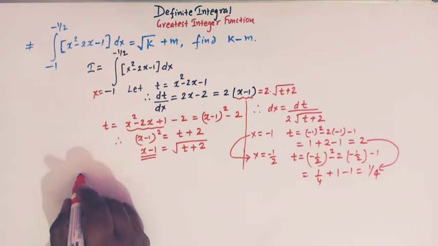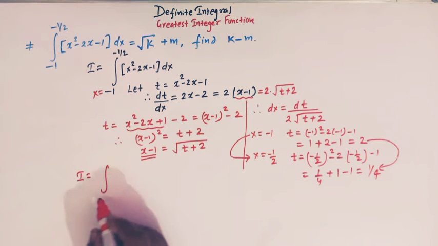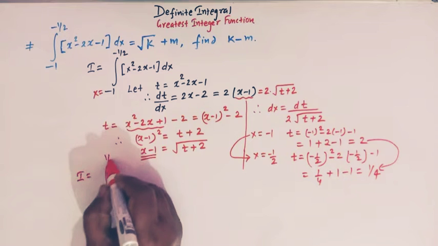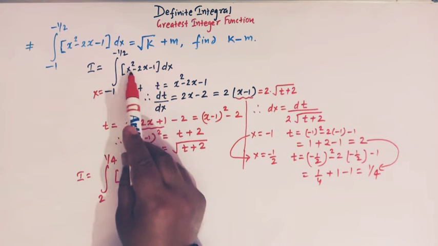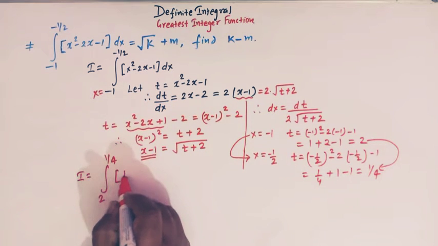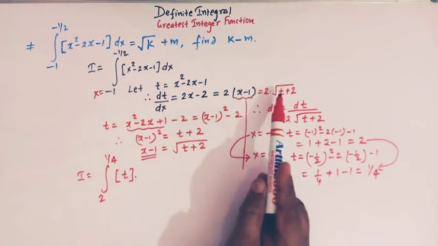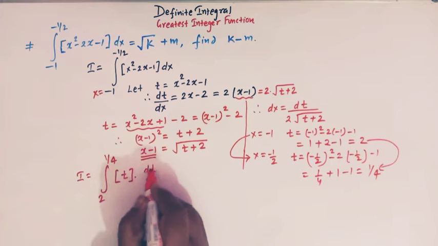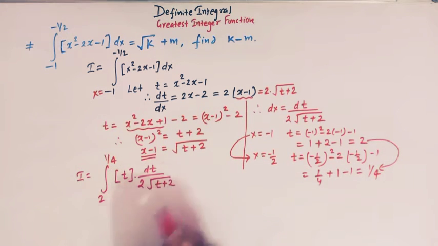Now this integral I can be written with limits 2 and 1 over 4, and for the greatest integer of x square minus 2x minus 1 we can write greatest integer t, and for dx we can write dt over 2 times square root of t plus 2.